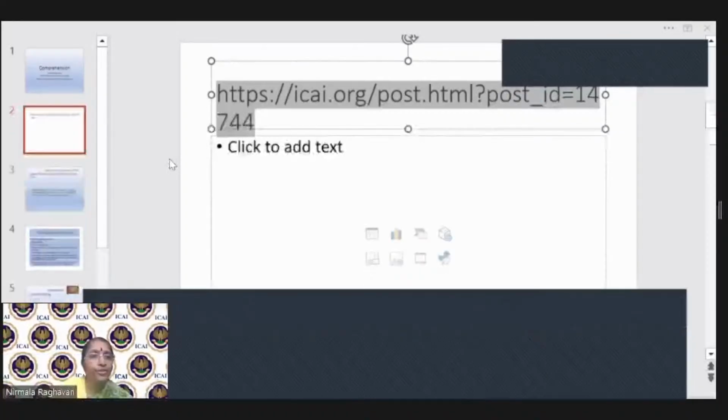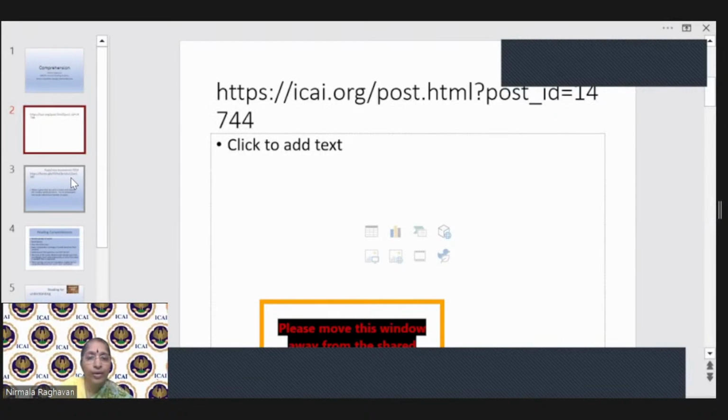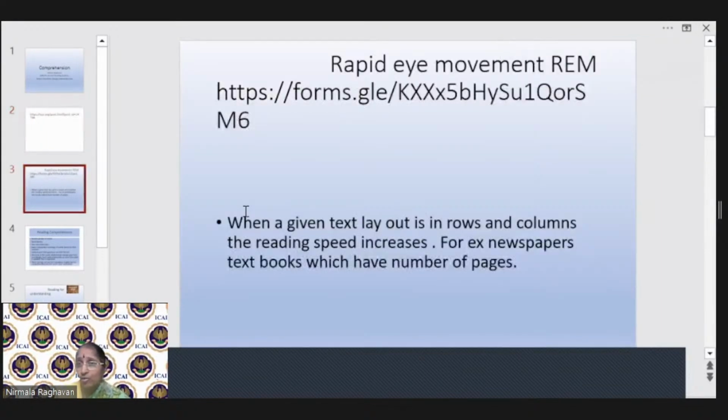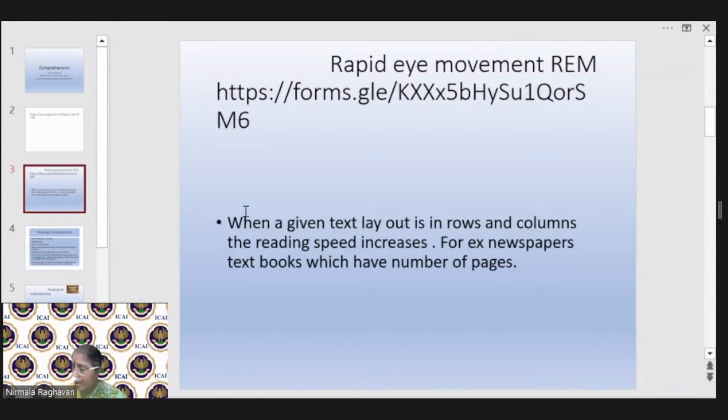I'm sharing this with you. So yesterday we spoke about rapid eye movement. Now I've stopped with the passages because you know now what kind of questions or what kind of passages you will get. We spoke about rapid eye movement yesterday, where you can quickly move your eyes to read.